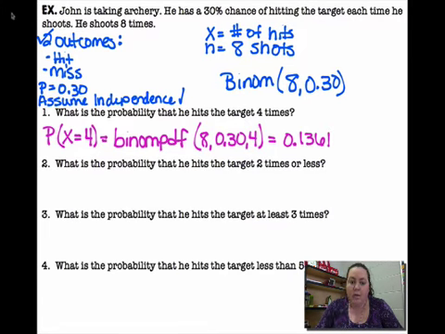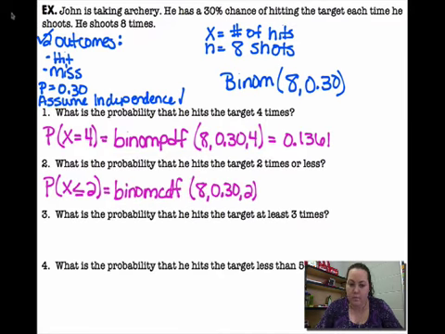What is the probability that he hits the target 2 times or less? So the probability that X is less than or equal to 2 would be a binomial CDF, 8, 30%, and 2, which is 55.18%.